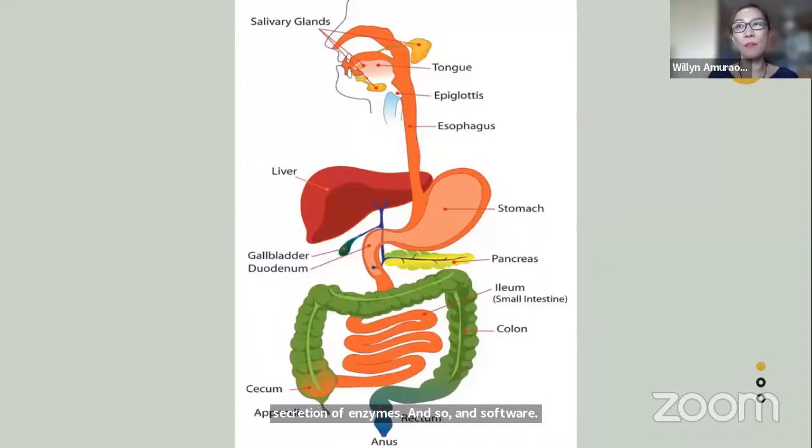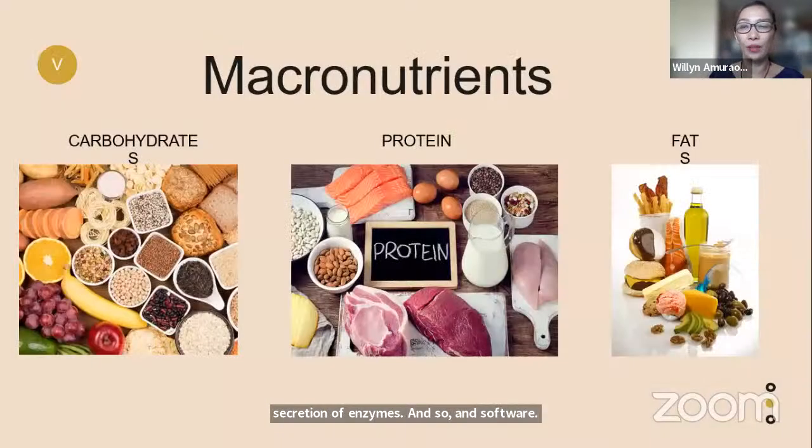So we have here the macronutrients. What are the macronutrients? We have carbohydrates, which are energy-giving food together with the protein and fats. These carbohydrates are the building blocks of our body.